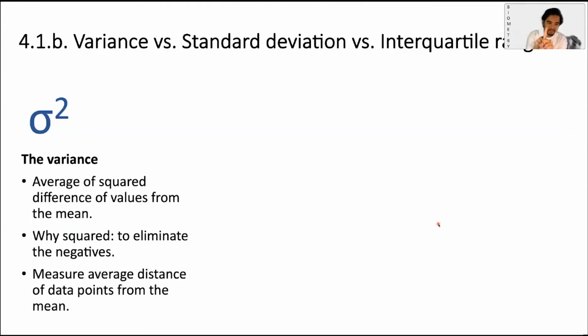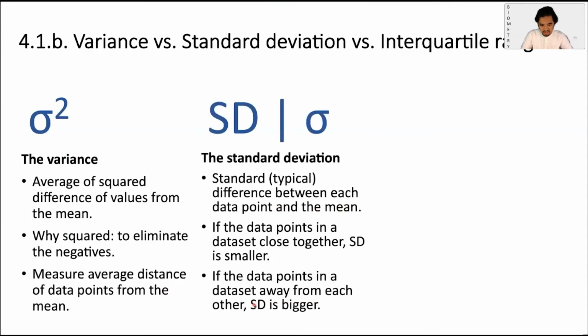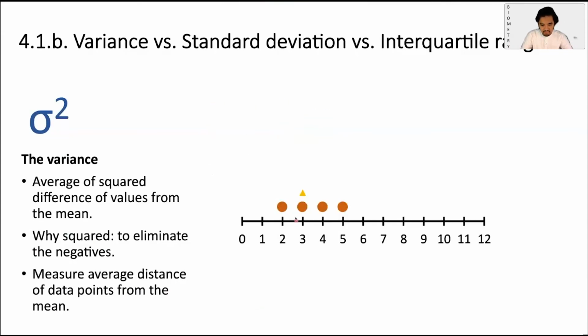Of course, when you have a data point here and the center here, you're going to have negative or positive values. So why do we need to square them every time? The whole reason we square them is to remove the negatives. That's why we square the values. Why we calculate the variance is to know the distance of your data. Now you have the center value, and you want to know the distance here.